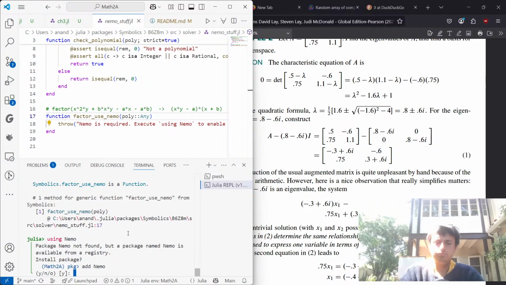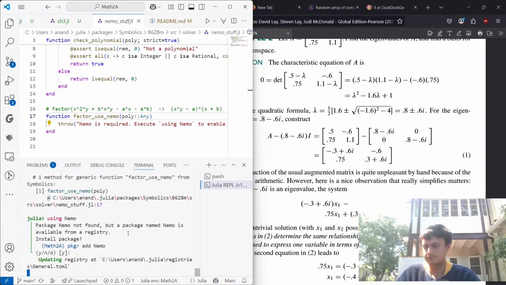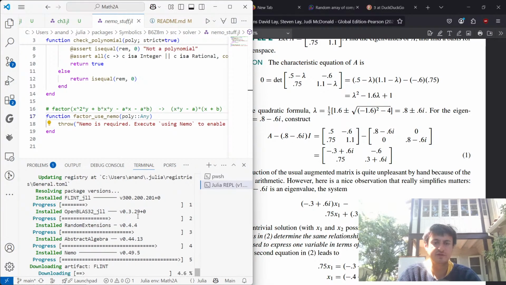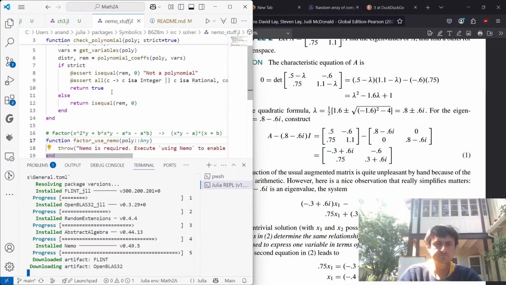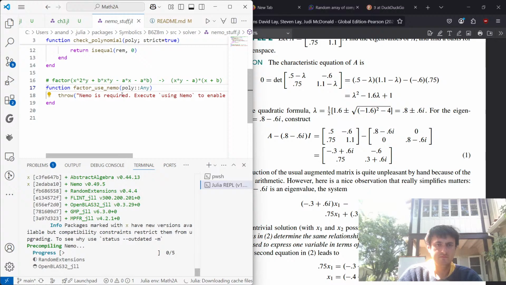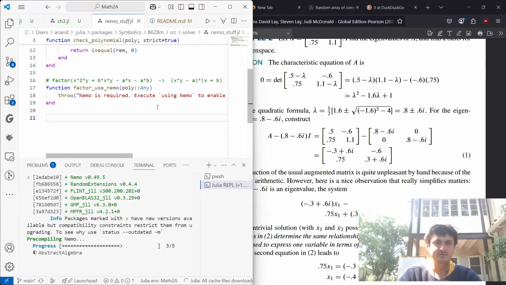Why not? I just have an expectation that this will break everything, but we'll see. But also, it seems like even if I have using Nemo, it's not going to do it.